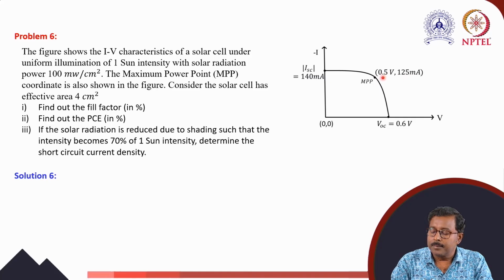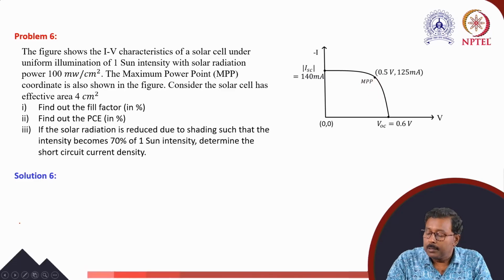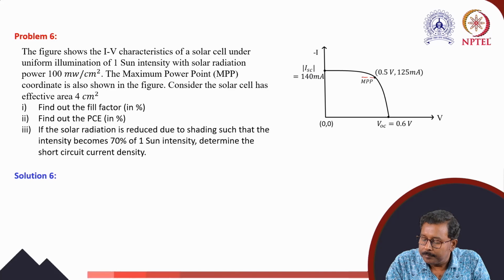It indicates that the area under the curve which gives you the maximum power will be a rectangular area as shown here. So this gives you the maximum power area.